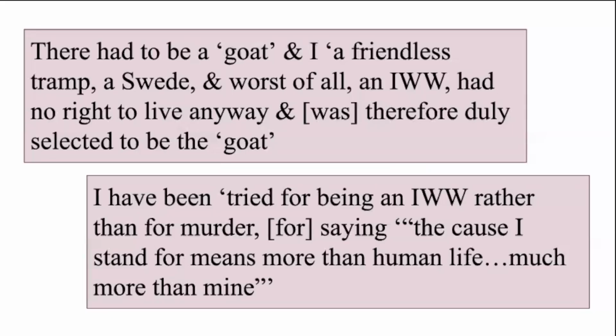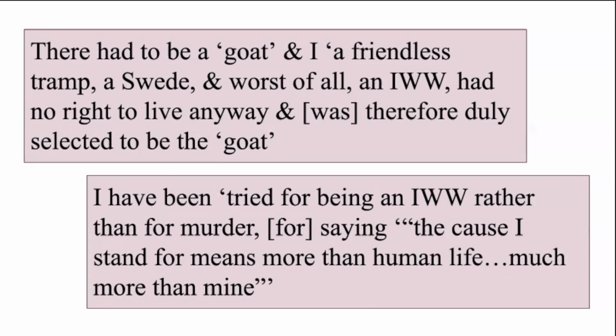Joe Hill himself was executed for a murder which he did not, in fact, commit in 1915. He summed up what was going on during his trial, saying, "There had to be a goat, and I, friendless tramp, a Swede, and worst of all, an IWW, had no right to live anyway, and was therefore duly selected to be the goat.